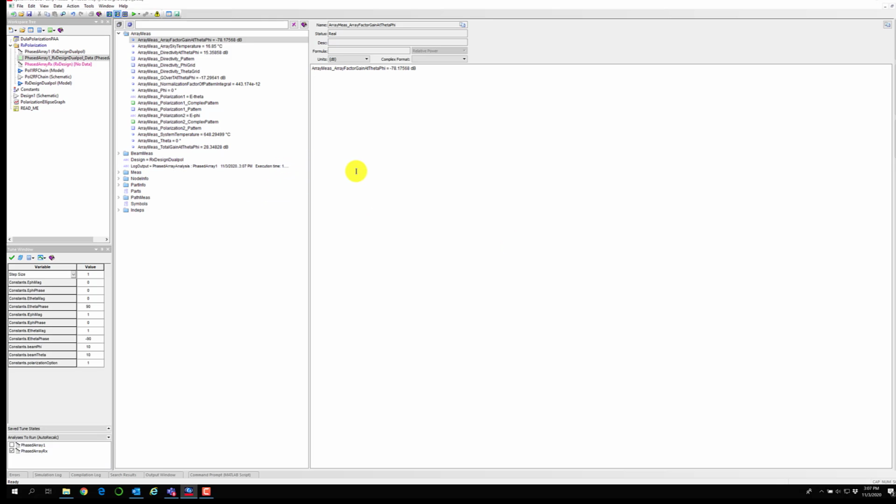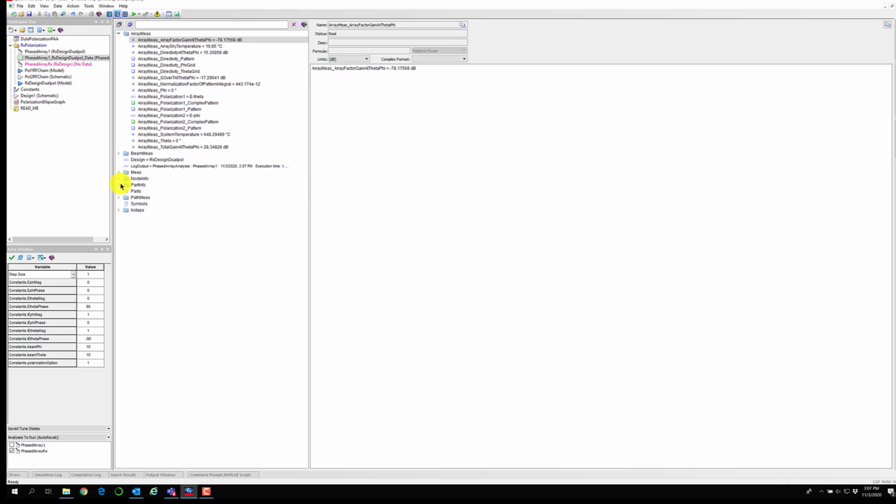Because the incoming wave is all E theta oriented, only the E theta polarized antennas will be able to produce an output. E phi oriented antennas will not be able to produce an output. That means out of the two outputs at the array combiner that we saw, we get only one output.